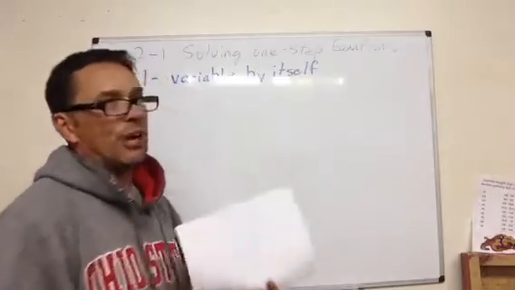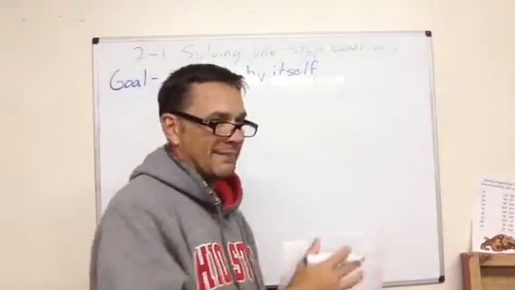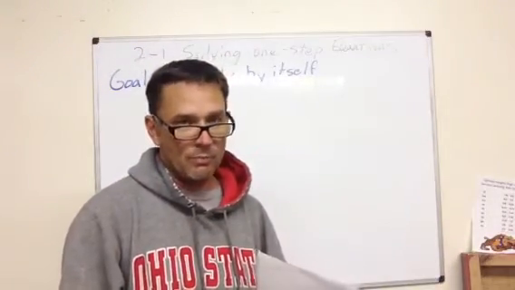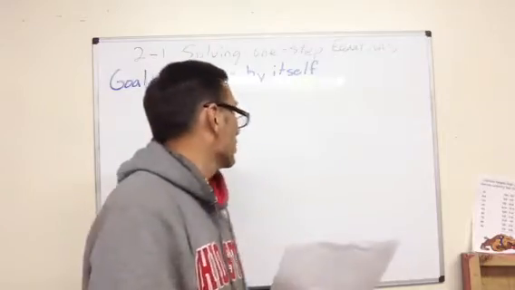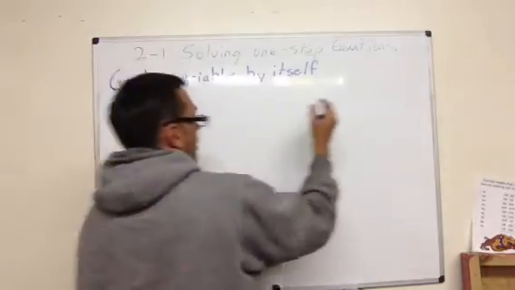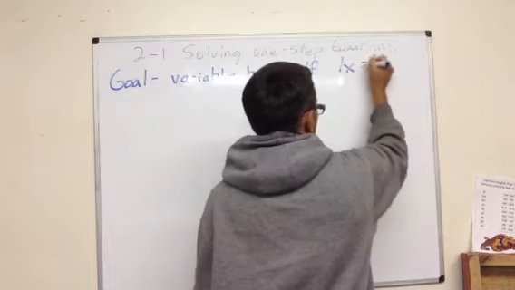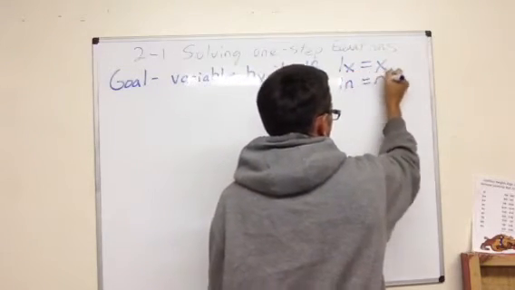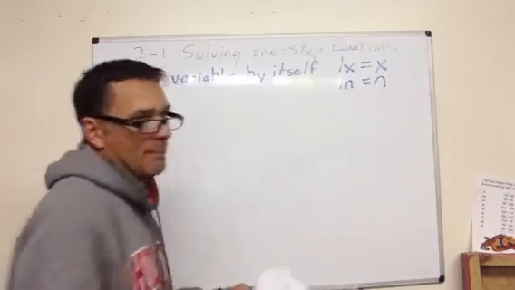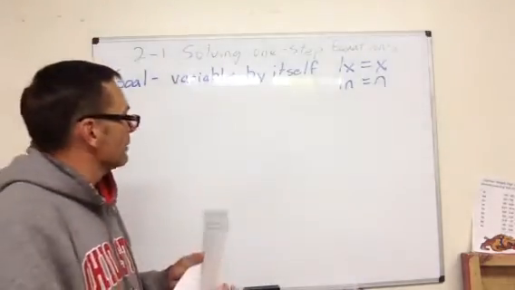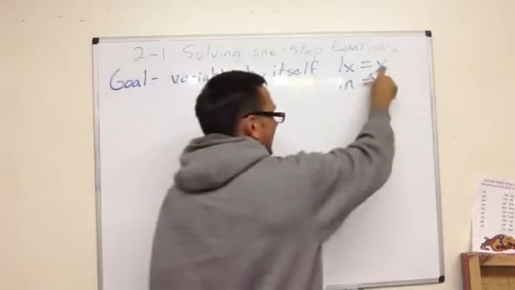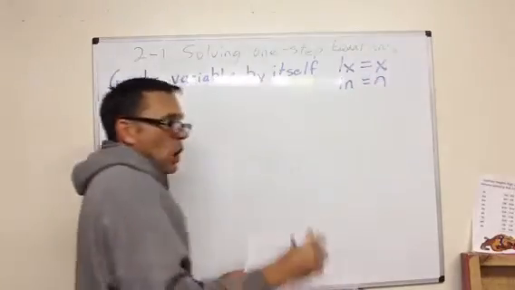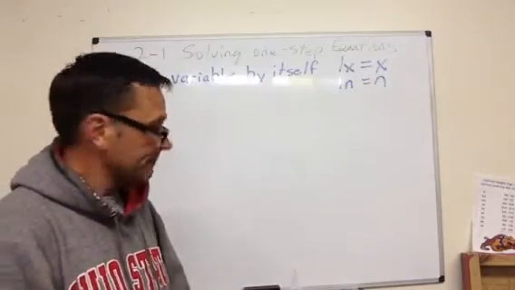If you're by yourself, or if something is by itself, how many are there of them? 1. We're trying to get that to a 1x, which also equals just x. Or if we're using another variable, like 1n or n, or m, or p, or t. Whatever the variable is, our goal is to get the x or the n or the variable all by itself.